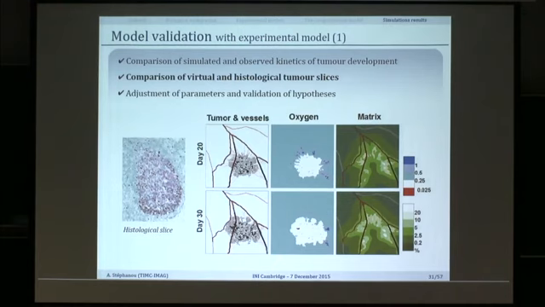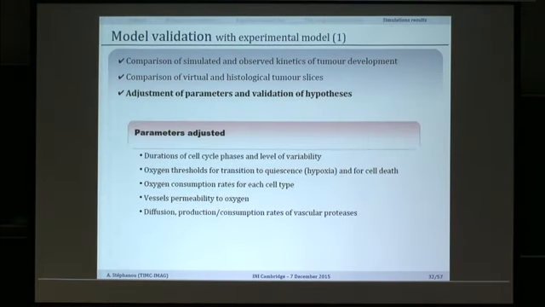And okay, so the last thing, we use this experimental model to adjust all our parameters and to validate our hypothesis. So the parameters that we had to specifically adjust were the duration of the cell cycle phases and the level of variability between the cells. We had to adjust the oxygen thresholds for the transition to quiescence and for cell death also.